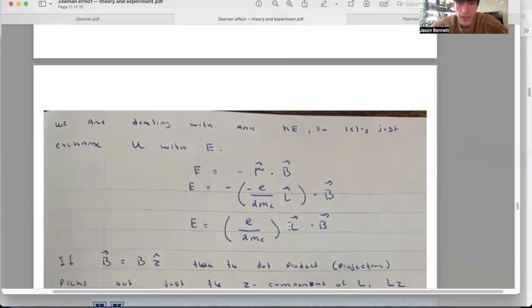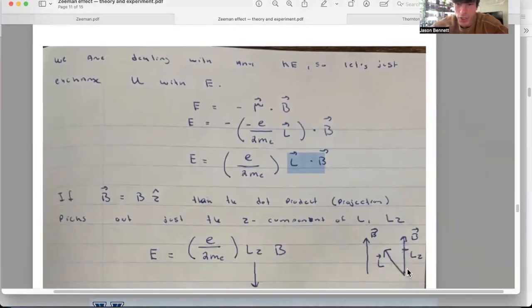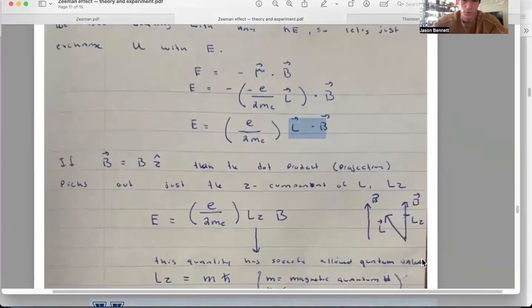And now what we're going to do is get rid of these vectors. So remember that a dot product is just a projection. If my angular momentum is at some angle like this, but my magnetic field is pointing up in the z direction, we'll just say it's completely arbitrary, but let's just say it's in the z direction. That means we can just pick out the z component of this vector.